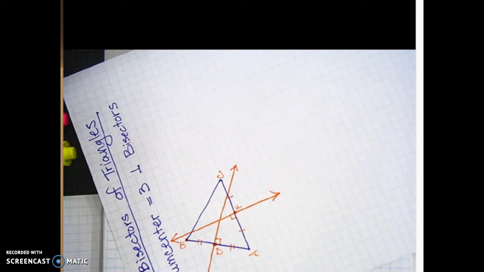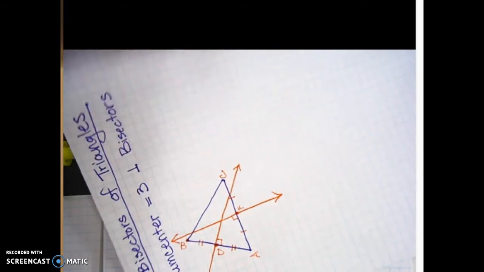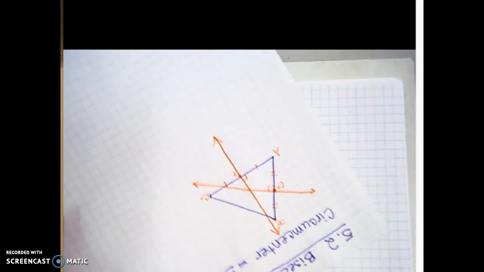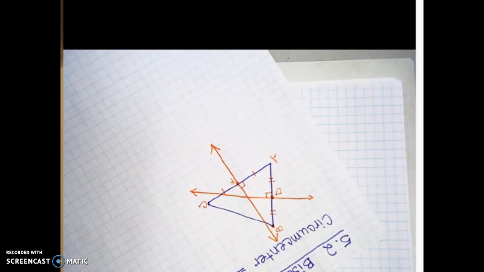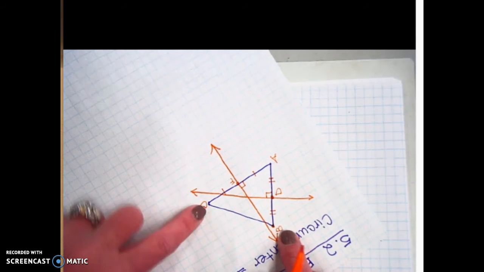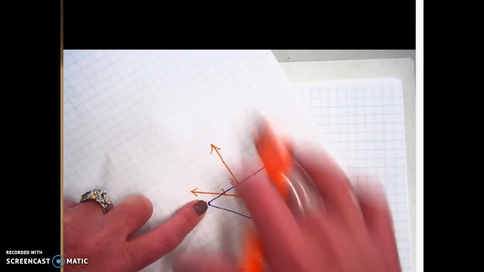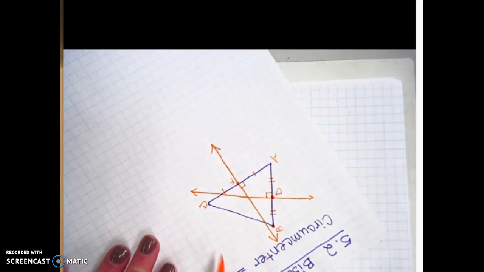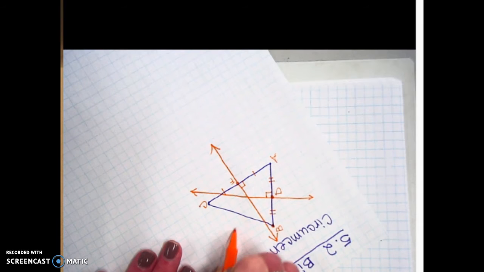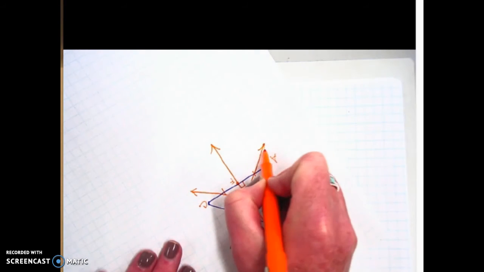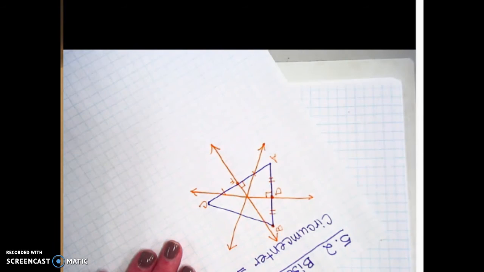How many more do we have to do? One more. Okay, so we're going to go the third side of the triangle. And I find it just easy to turn my paper. And from each of the 2 endpoints, we're going to pretend like we do our arcs. We're going to draw in our perpendicular bisector. And then it's going to look something like that. We're going to put a little box to show that it's 90 degrees.